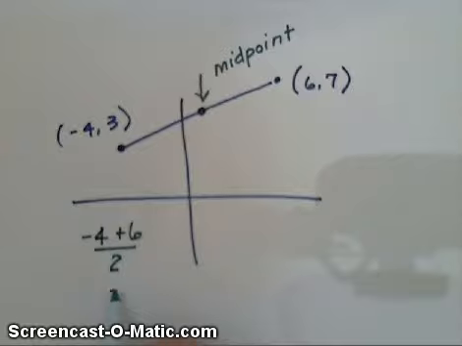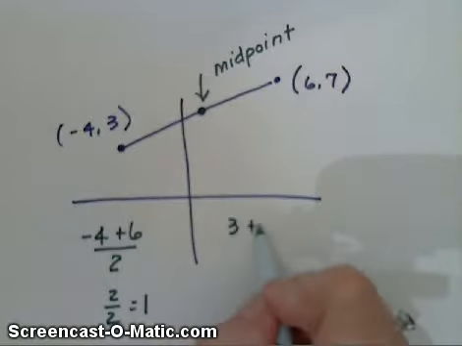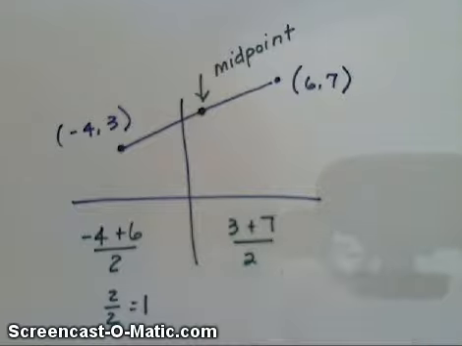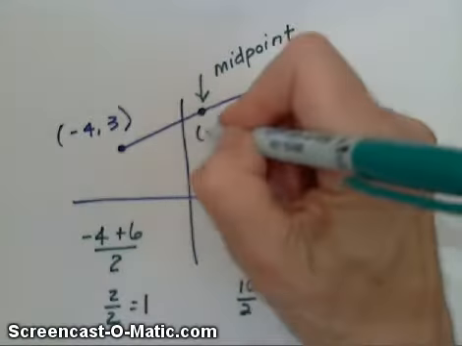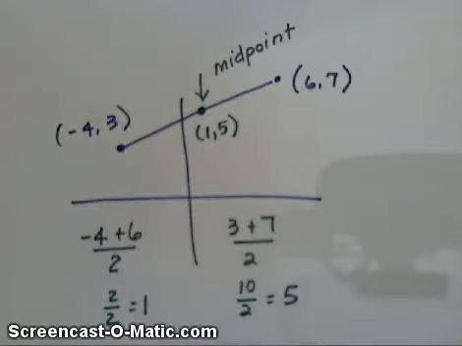And that is 2 divided by 2, which is 1. Then we're going to take our 2 y's, they're 3 and 7. We're going to add them up, divide by 2, and that's 10 divided by 2, which is 5. So this tells us that this point is actually the coordinate point 1, 5. That is called the midpoint.